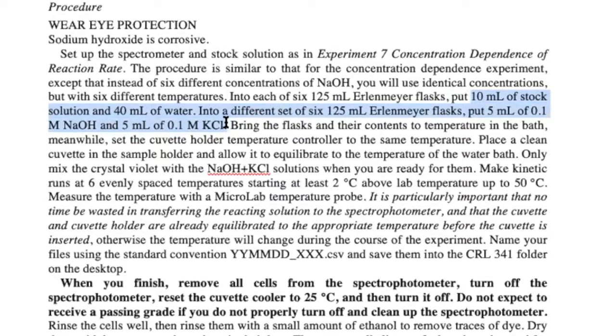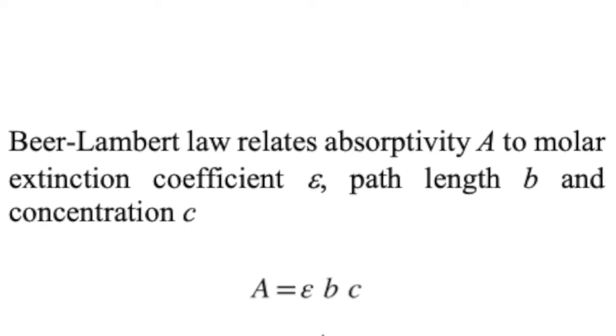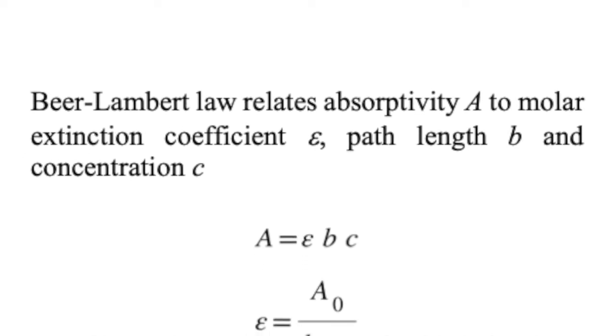We always have to figure out what the initial concentration of the OH is. We're going to keep that constant throughout. And then we're going to need to take absorbance data, and then we're going to convert absorbance into concentration data.